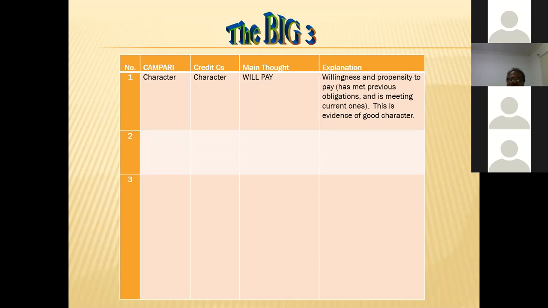This is evidence of good character. Second one, ability or capacity or capability. When we're considering that, we're considering, can the person pay? Can they pay? The explanation: does the person or the business have the financial resources to pay? That is the ability, capacity, or capability.